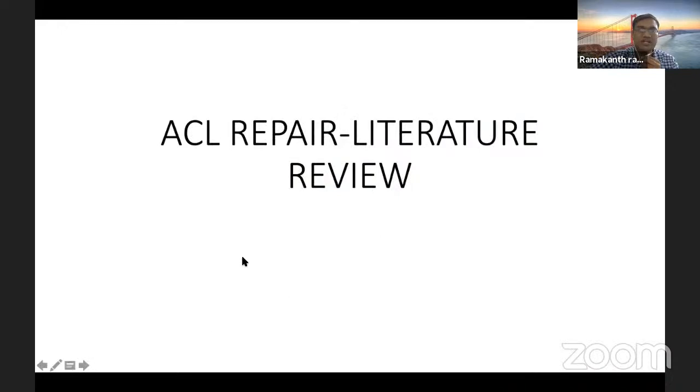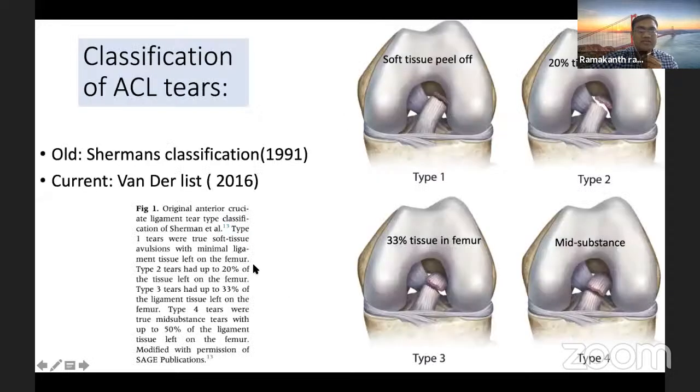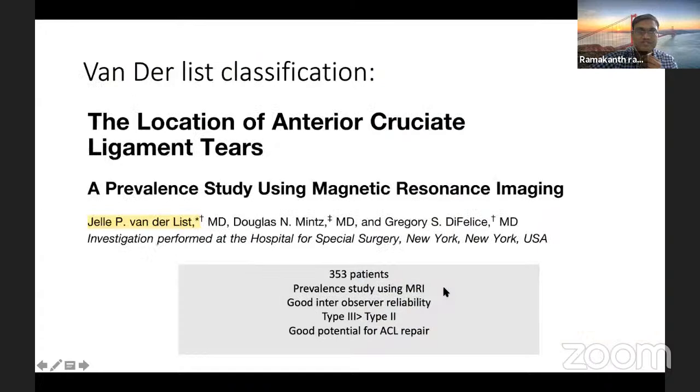Now going to the literature review, Sherman was the first to classify the ACL tears. It's a very simple classification into 4 types, where type 1 is a complete soft tissue peel off from the femoral attachment. Type 2 is where 20% of the footprint of the femoral attachment is intact. Type 3 is around 30%. Type 4 is almost 50% or a mid-substance tear.